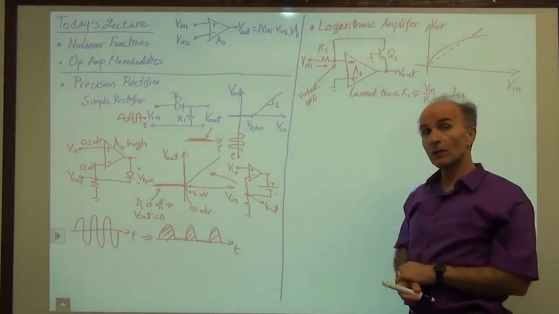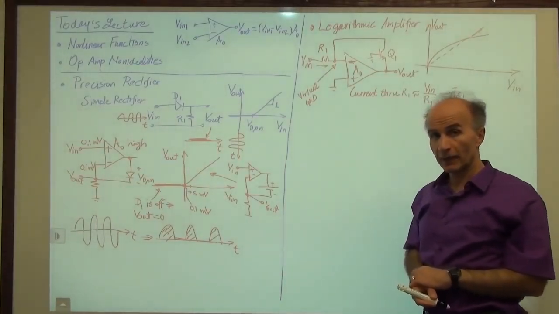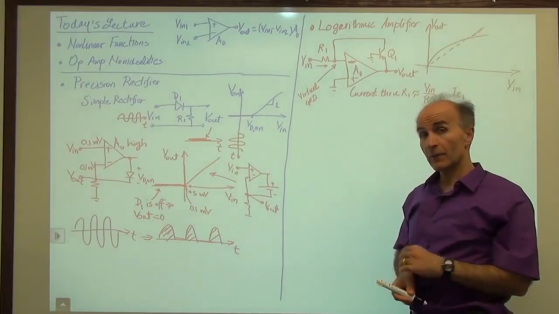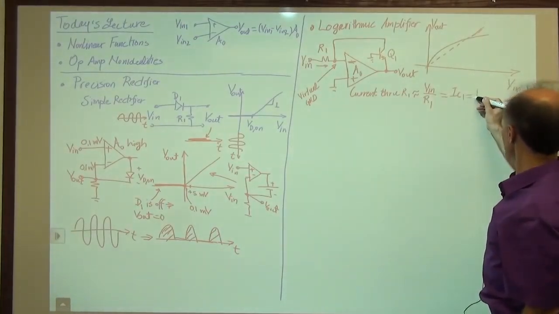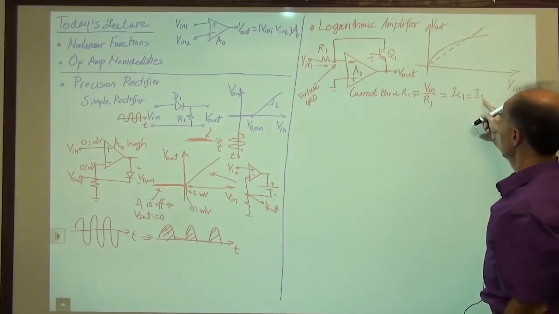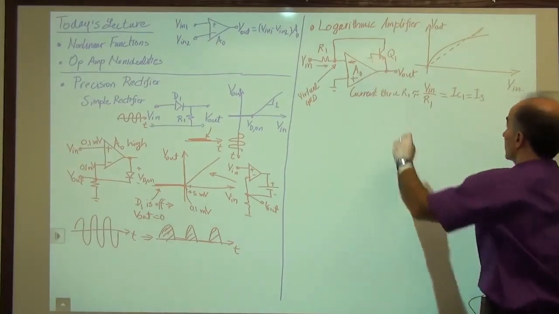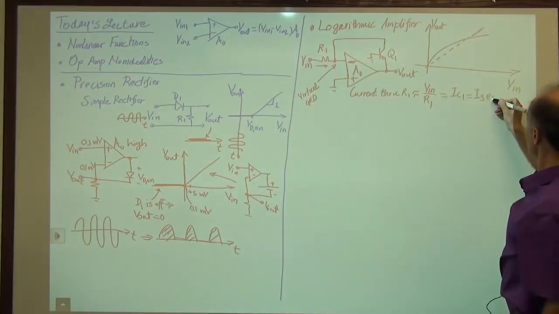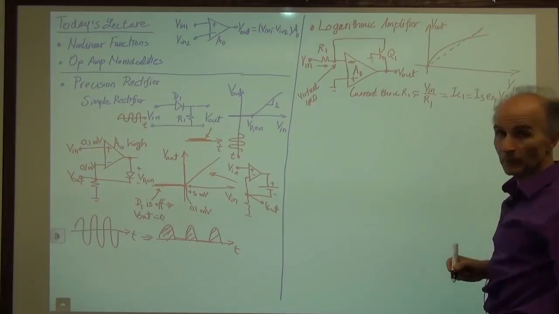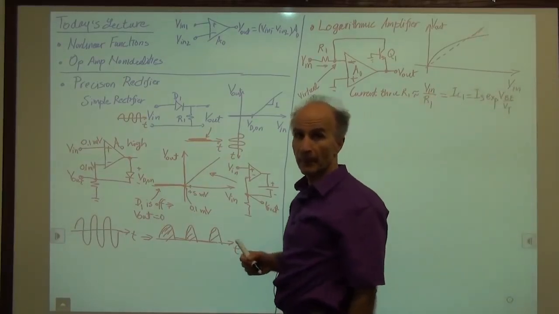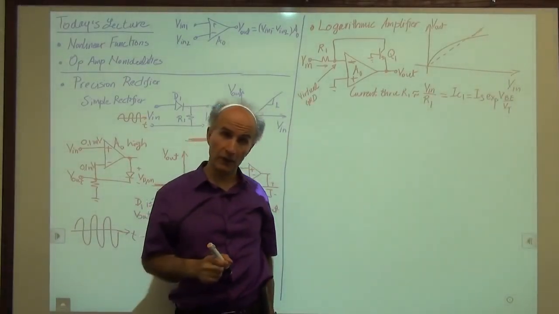Okay, now we know that the collector current of Q1 can also be expressed in terms of its base-emitter voltage. So we also know that IC1 is equal to IS, the reverse saturation current of this device, times exponential of VBE over VT. That we know. We can also make an observation here.